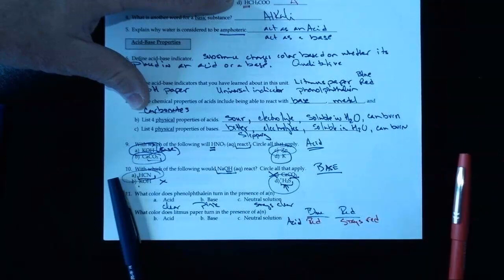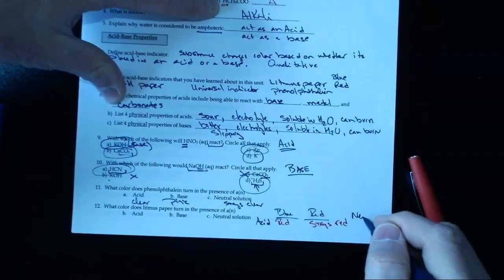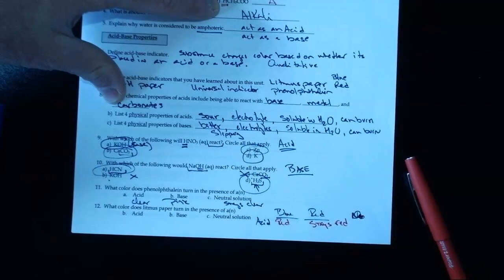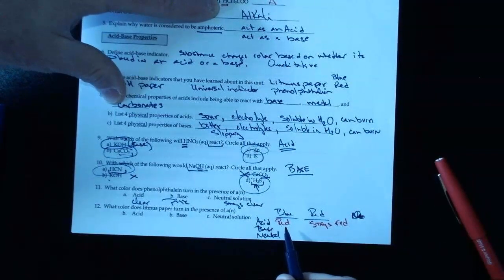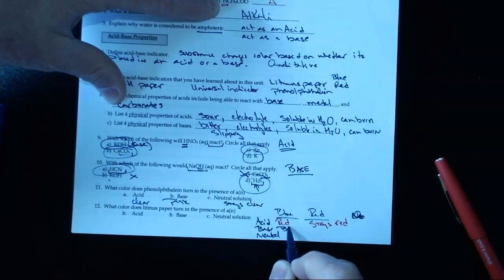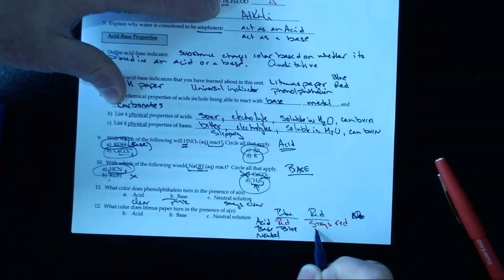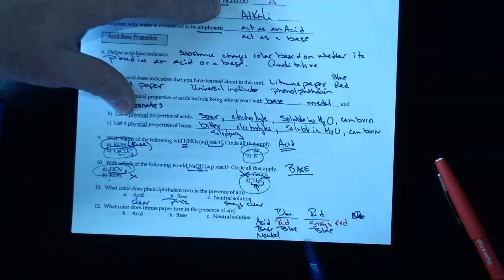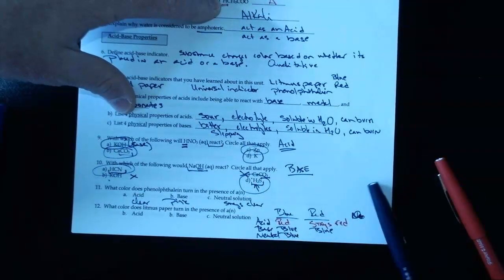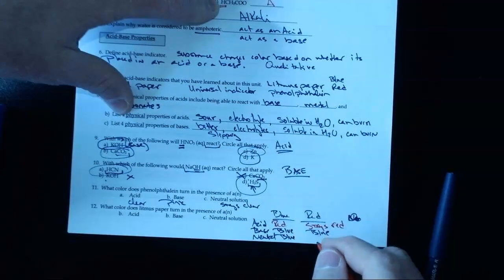In a base, blue litmus paper stays blue, red litmus paper turns blue. In a neutral solution, blue litmus paper stays blue, red litmus paper stays red.